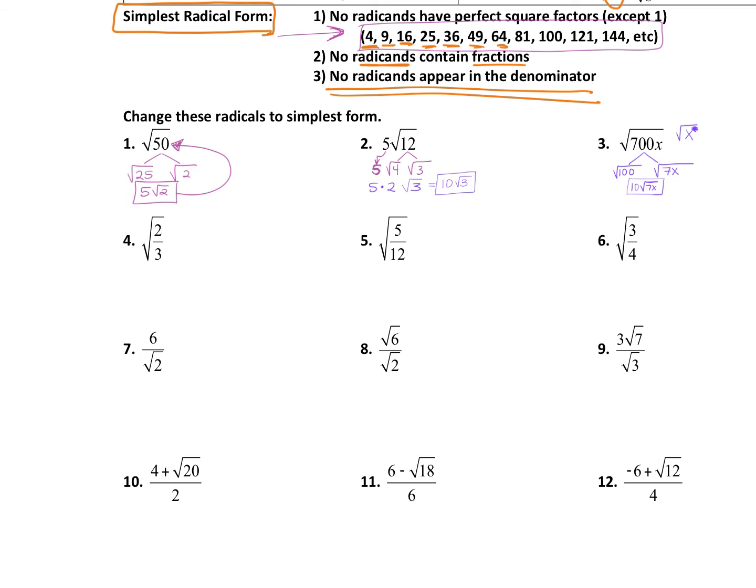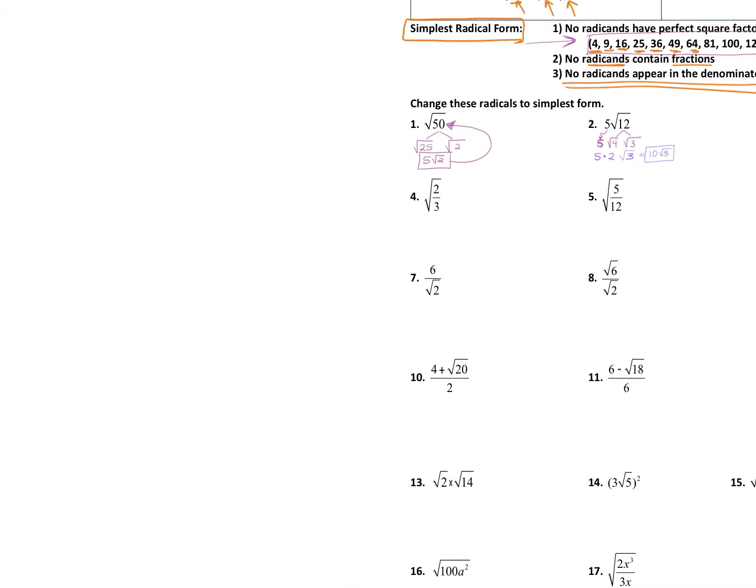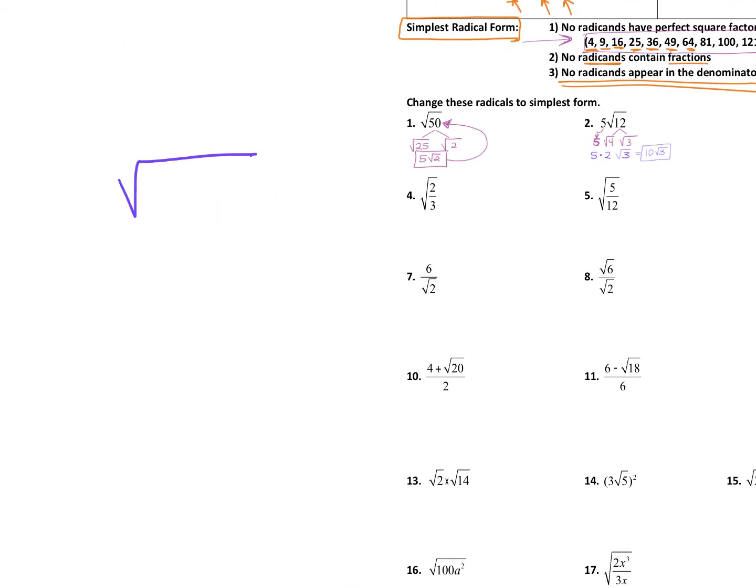What if there was one that they both perfect squared into? Then you could have taken the perfect square from the original number. Are you looking at a certain number on here? No, I was just thinking. Like, let's say you had the square root of something like that, right?